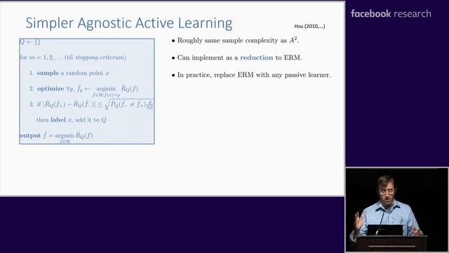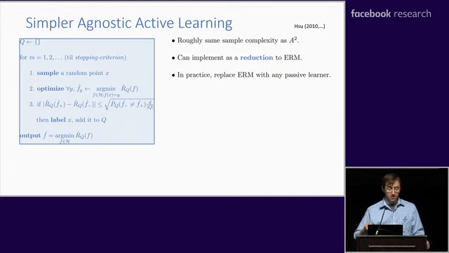That has practical implications because empirical risk minimization can be challenging to run in practice, but you could plug in a different passive learning algorithm there, and still get reasonable behavior in your algorithm. So here's a strategy that does this reduction.